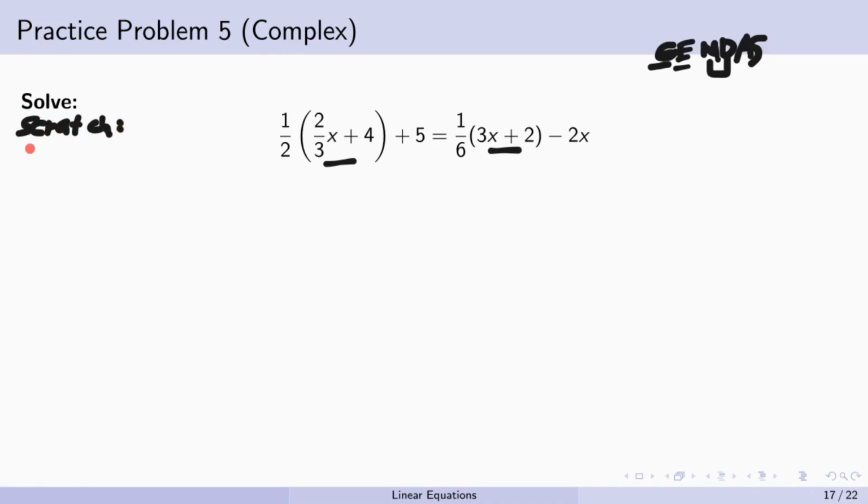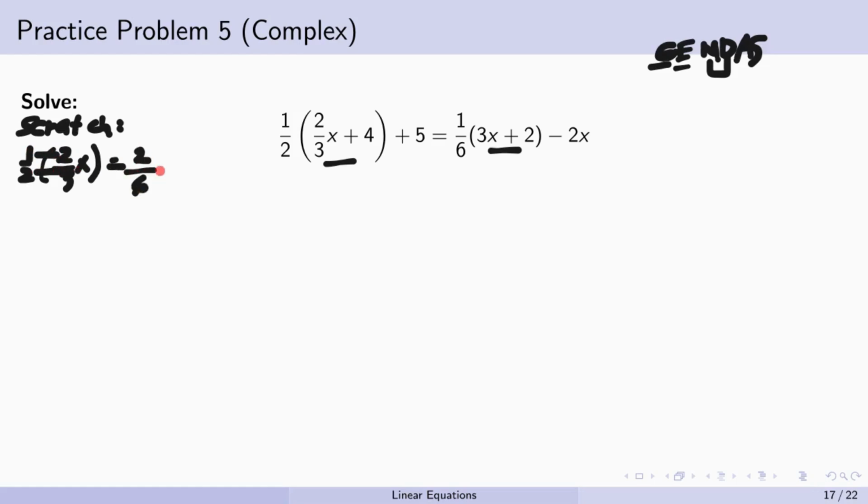So if we have 1/2 times 2/3 x, remember that if we want to multiply fraction to another fraction, what we need to do here is to multiply directly their numerators and also their denominators. 1 times 2 is equal to 2, and 2 times 3 is equal to 6.